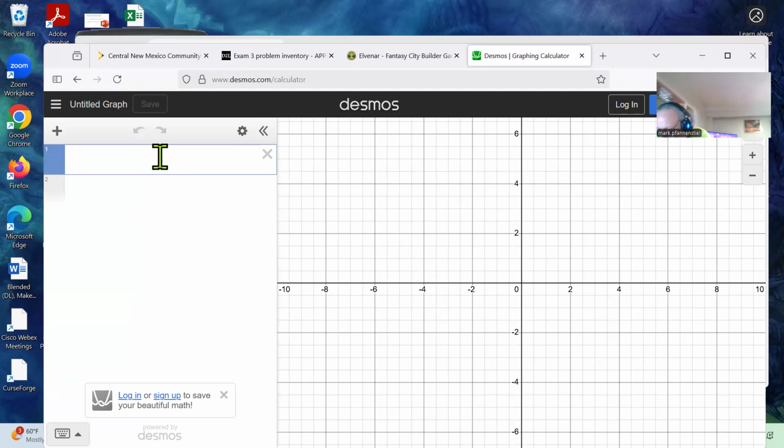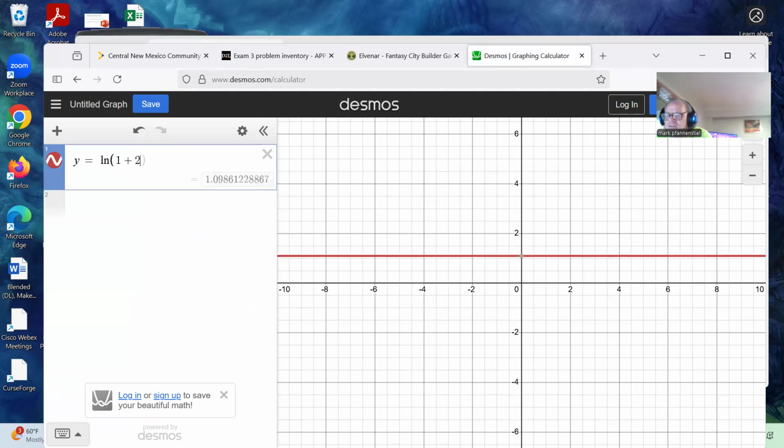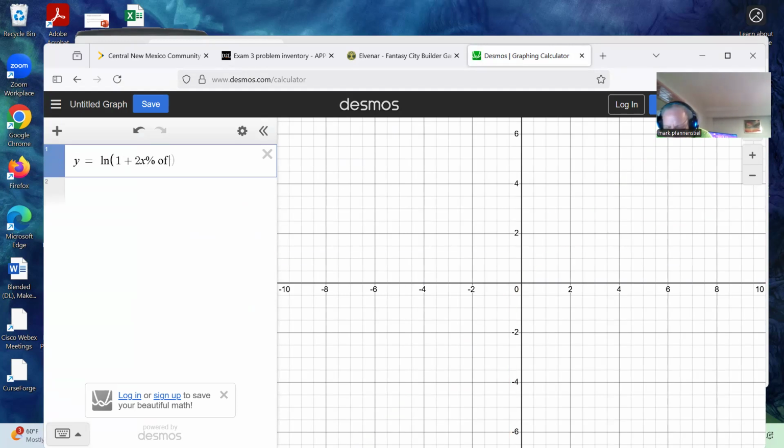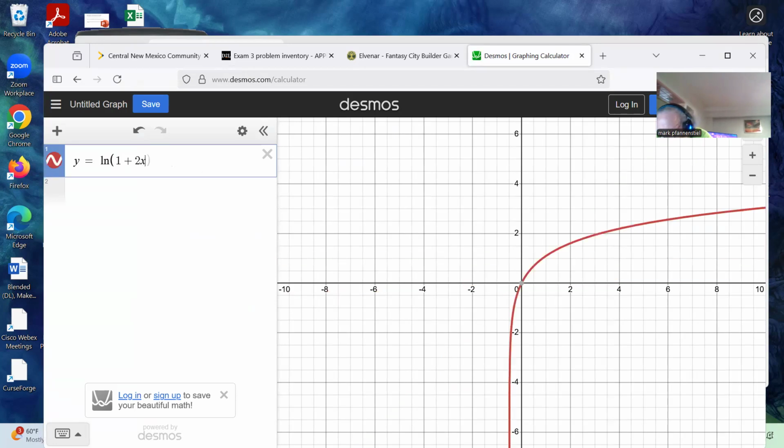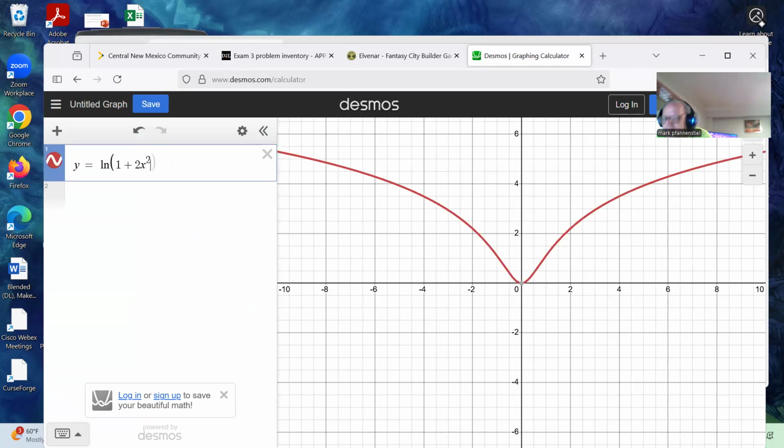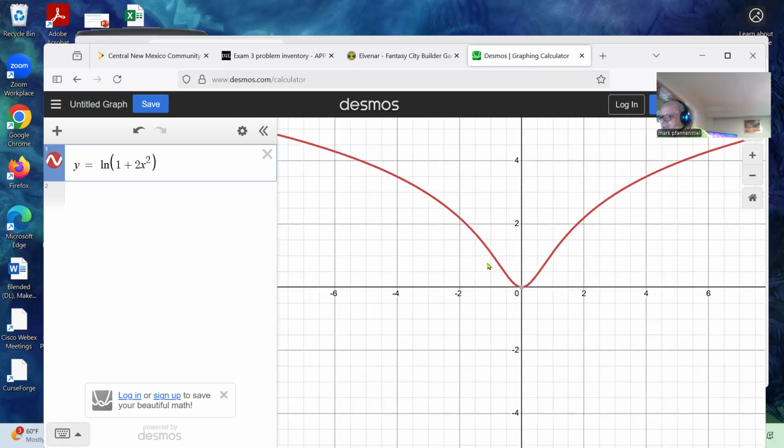So we have y is equal to the natural log of 1 plus 2x squared. And again, we're going around 0 here, so that's fine. We could scroll in to see what's going on, like a cup type of a thing.